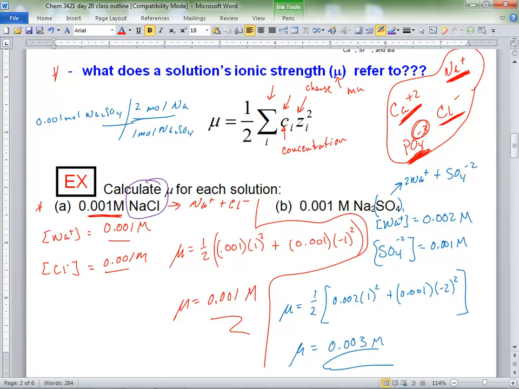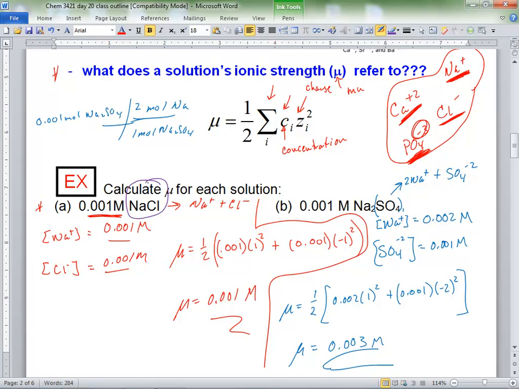Would that change my final answer? Look at it. Everything's 1-to-1. So even if the charges were +2 and -2, we're still dividing by 2. Let me think this out.